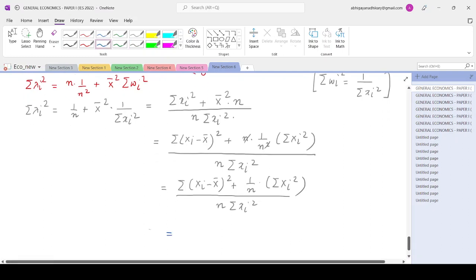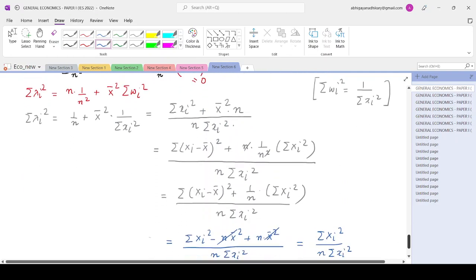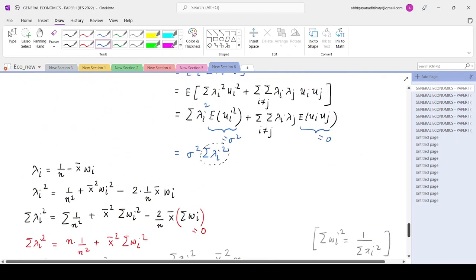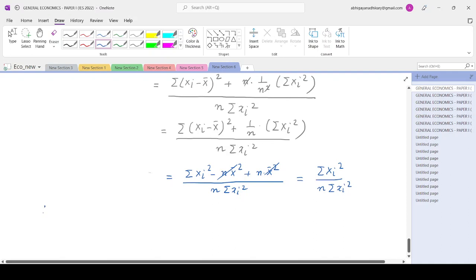Now if you just go over this, the first term, summation small x_i minus x bar whole square, will be basically summation capital X_i square minus n x bar whole square plus n x bar whole square, divided by n times summation small x_i square. So these two will get cancelled out, and you basically have summation capital X_i square divided by n times summation small x_i square. So this is the expression for summation lambda i square. So we'll simply replace it.